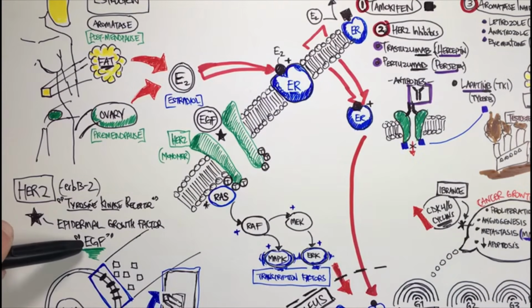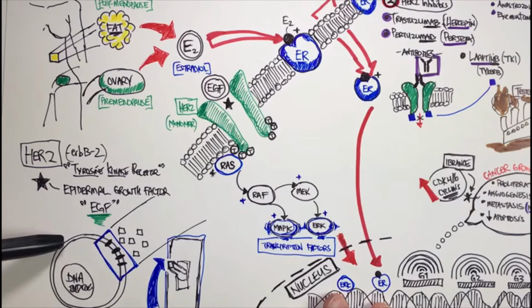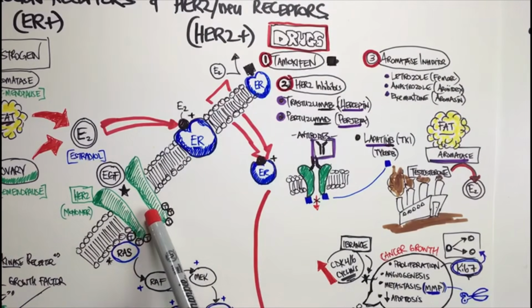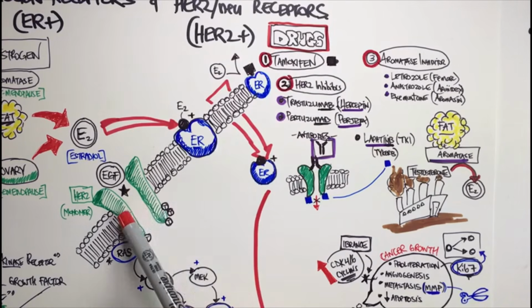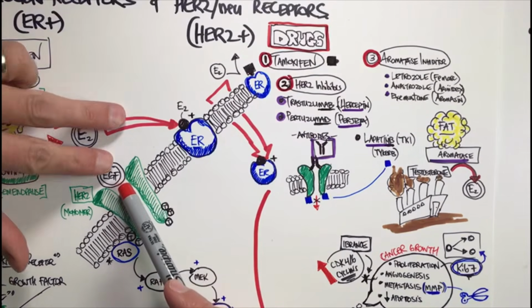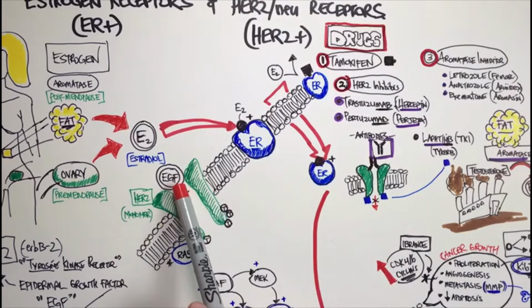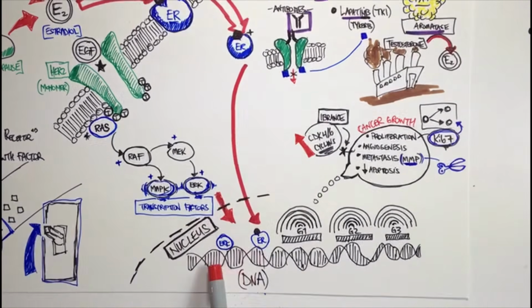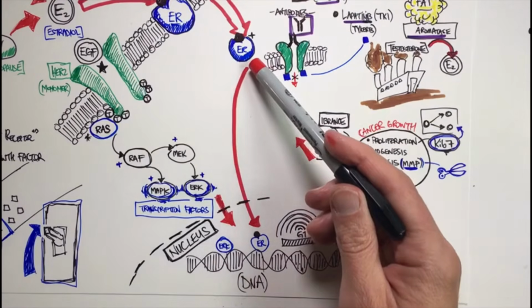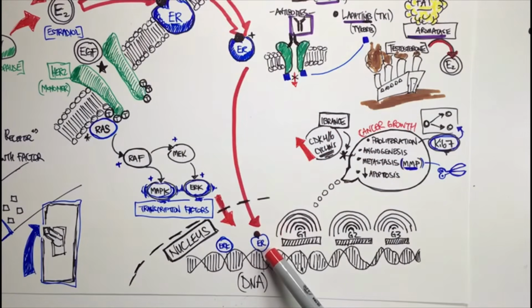In HER2 cases, we're dealing with epidermal growth factor. These receptors are found in the membrane of breast cells, and we can also find estrogen receptor free-floating in the cytosol. When they are stimulated by their respective growth factor or hormone, the estrogen, transcription factors are activated. They directly engage the DNA.